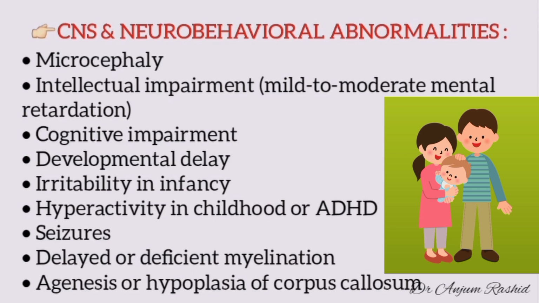Central nervous system and neurobehavioral abnormalities include microcephaly, intellectual impairment and mild to moderate mental retardation, cognitive impairment, developmental delay, irritability in infancy, hyperactivity in childhood, or attention deficit hyperactivity disorder. There may be seizures, delayed or deficient myelination, and agenesis or hypoplasia of the corpus callosum.